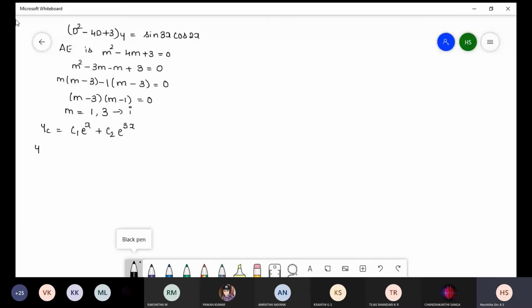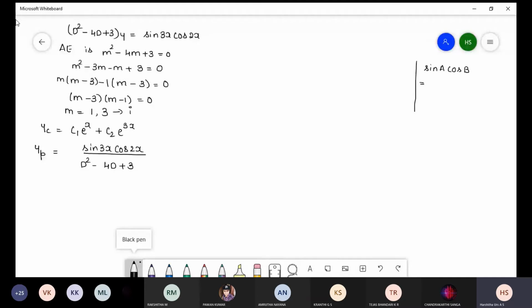Now yp. Before writing the formula of yp, let us see the general formula of sin A cos B. What is the formula of sin A cos B? Yesterday also I told you, you have to remember the basic formulas or else it will be difficult to carry over the solution for the further steps.